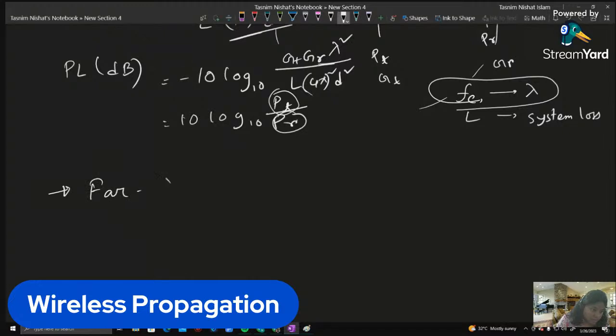terms as well. One is far field distance, which is df, 2D squared by lambda.